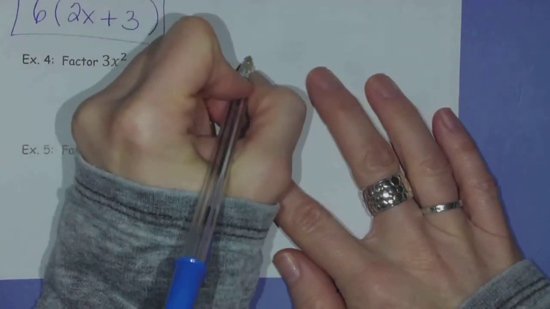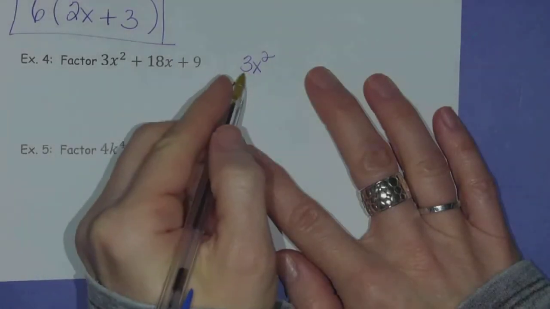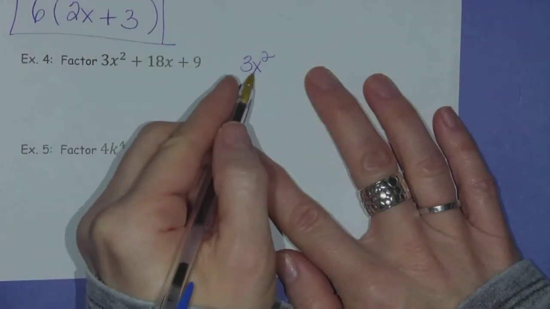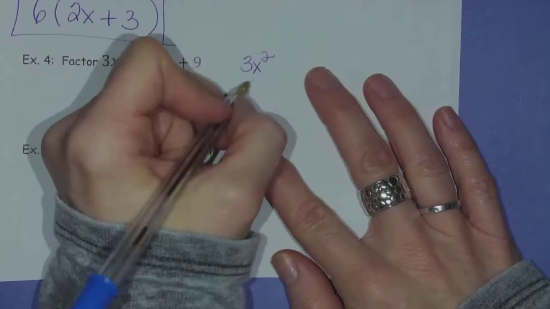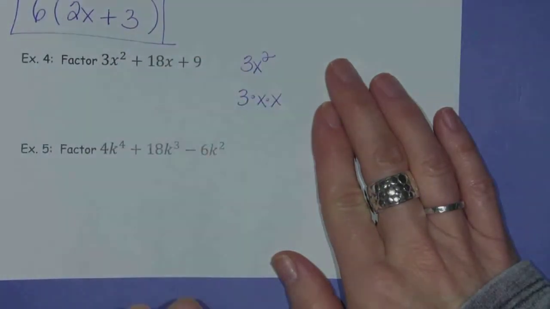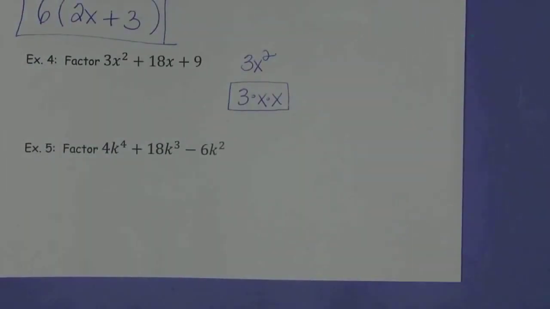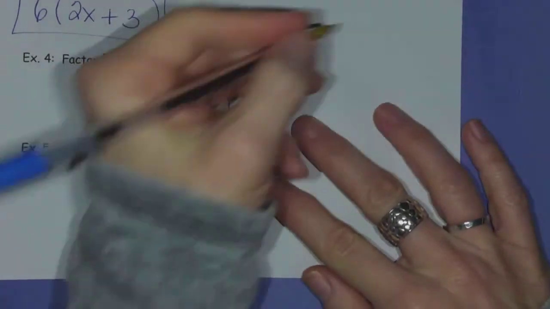So if you take a 3x squared, let's start with the first term, and you take it down to its prime factors. Well, 3 already is prime, so I would just write 3 times x times x. That's my first term written as a product of primes. Let's go to the middle, 18x.